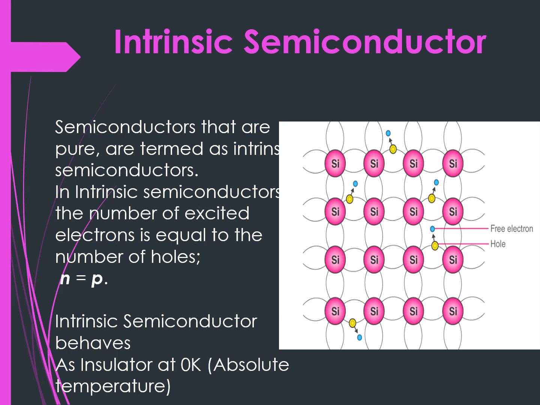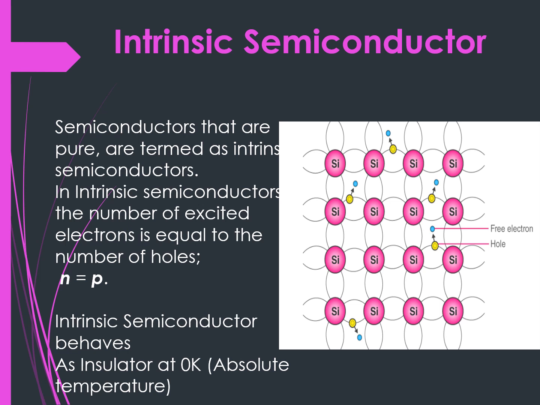An intrinsic semiconductor behaves as an insulator at the lowest temperature, that is the absolute temperature, 0 Kelvin. The electrical conductivity of a pure semiconductor depends upon the number of electrons excited from the valence band to the conduction band.